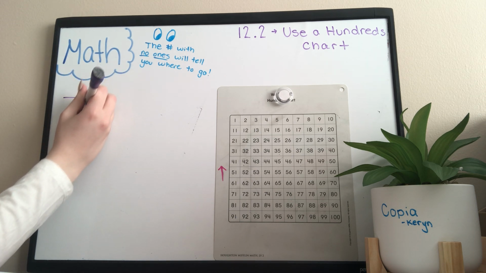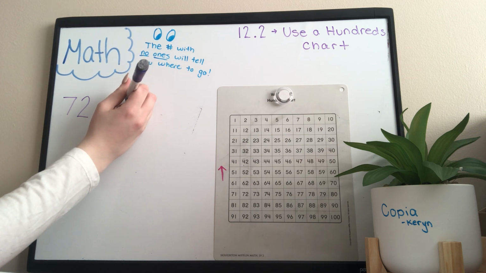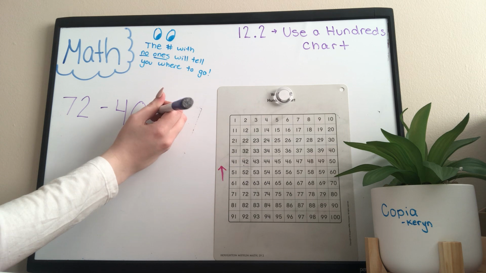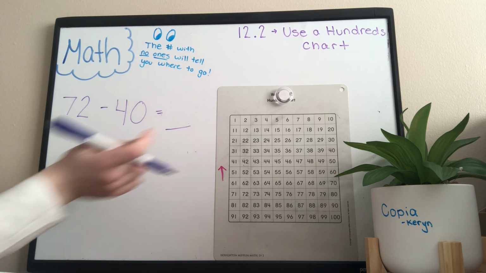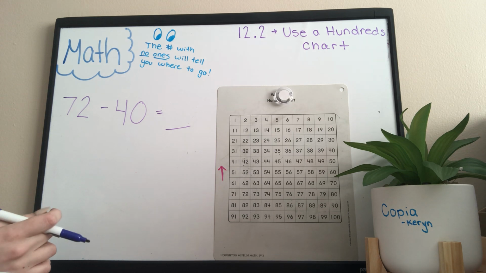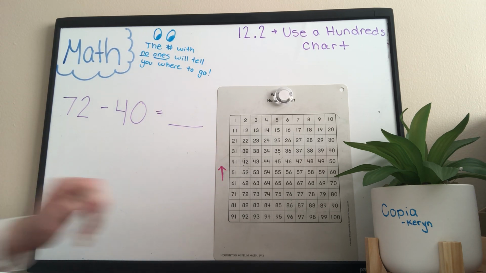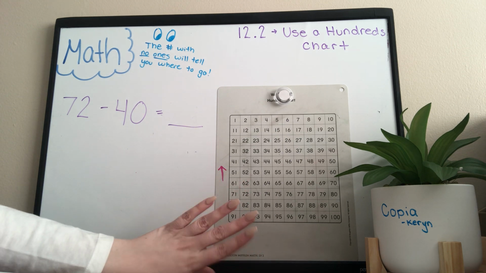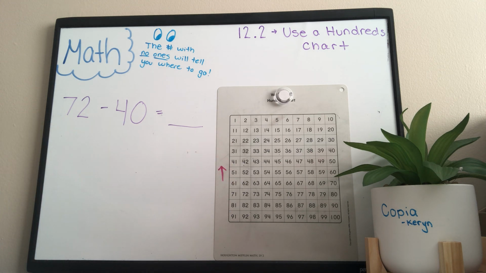If you go onto the website and take a look underneath the math tab, I'm going to put a picture of a hundreds chart up there. So when we're working in our workbook later on, we can use this really easily. There should be a hundreds chart in your workbook too. I think we'll be all good there.